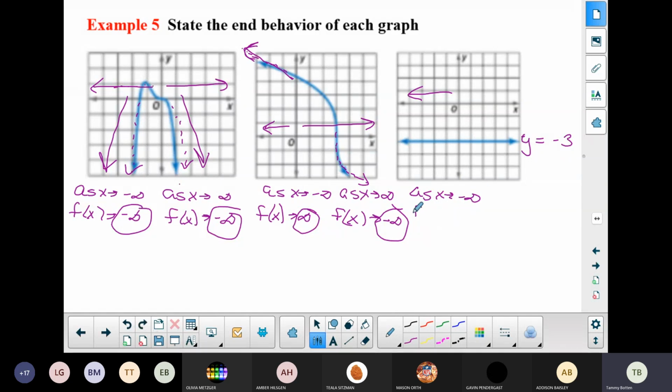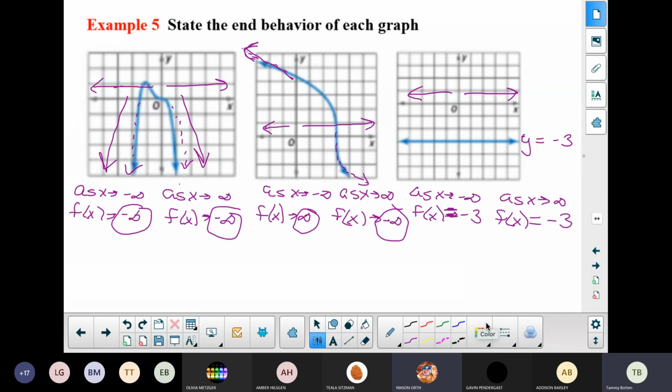So let me just take that off. Your f of x is going to approach -3. And then as you go to the right, your x approaches positive infinity again, and your f of x is going to equal, I shouldn't have said approach here, I should have said equal, because it's not approaching it, it's equaling -3. Okay, so that is how you would do a horizontal line.